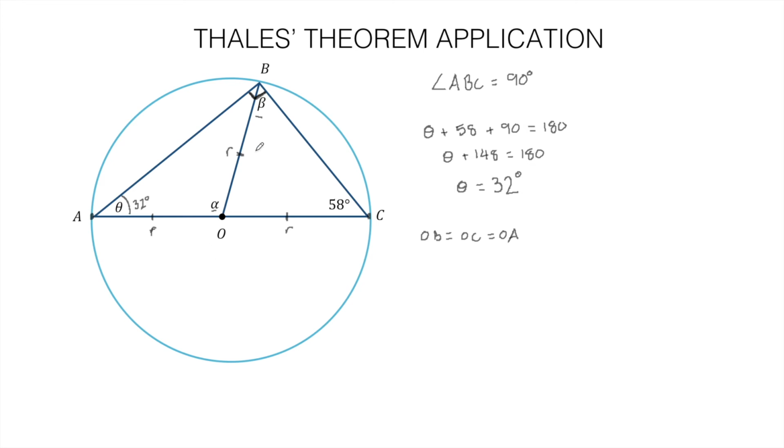because if we just look at the triangle on the right, this triangle here, we can say that it is an isosceles triangle. It's an isosceles triangle because it has two sides that are the same length.